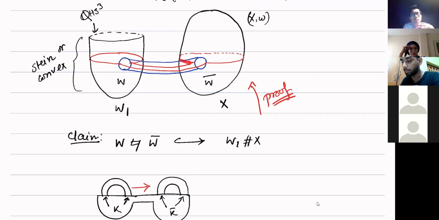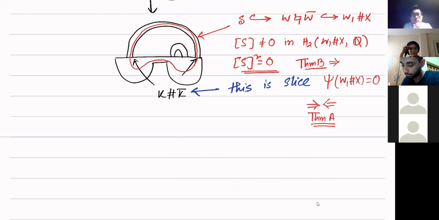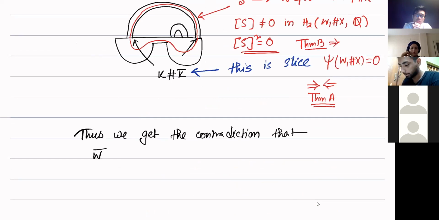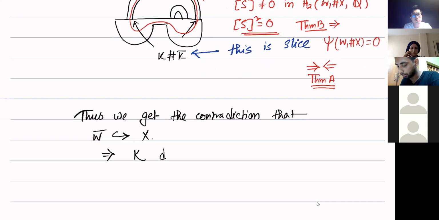The W bar embedded in X. So thus we get the contradiction that W bar embedded in X, which implies that K doesn't bound, K is not H slice. Oh, sorry, K is not H slice. Ah, my bad.